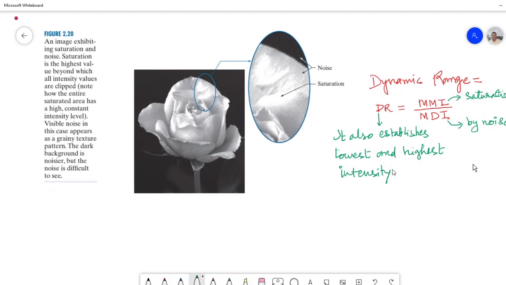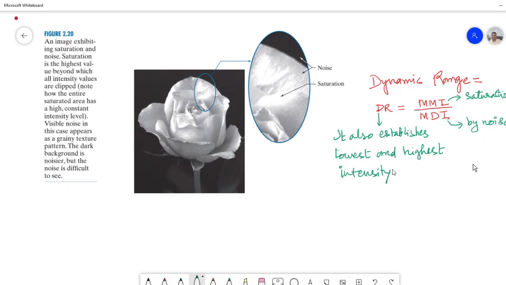Now note here how the entire saturation area has a high constant intensity level. Now see here this area only. You can also see it in the figure: the entire saturation area has a high and constant intensity level.